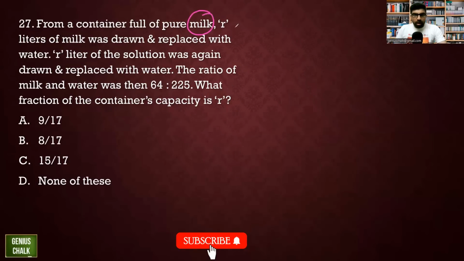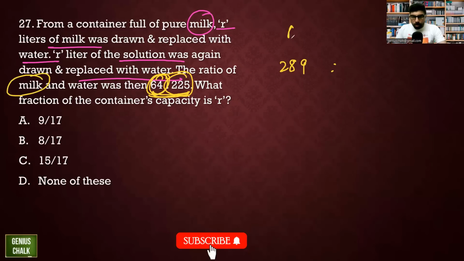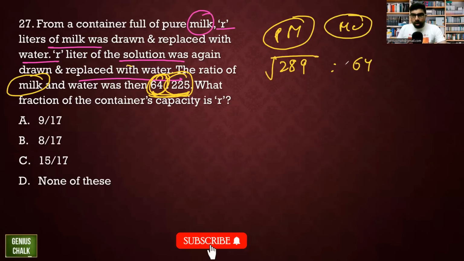A container has pure milk, R liters of milk was drawn, replaced with water, R liters of solution again replaced with water, and the same process and the same ratio. So the water initially should be 64 plus 225, that is 289, and milk left, this is pure milk, this is milk left, that is 64, and as the process is done twice, I have to take the square root, that is 17:8.